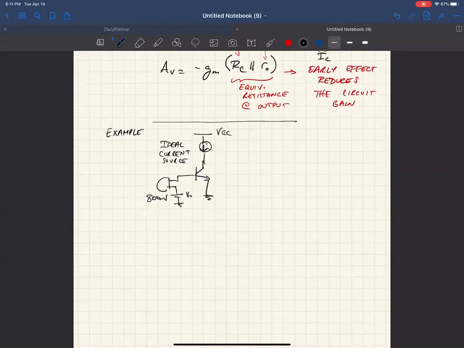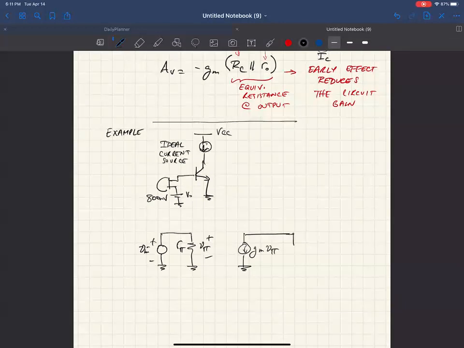So again, I'm going to redraw the small signal model here. R sub pi, V sub pi plus minus. So this is V in, and then we have g_m V sub pi. And then we have the early output resistance of just the device itself caused by the early effect.